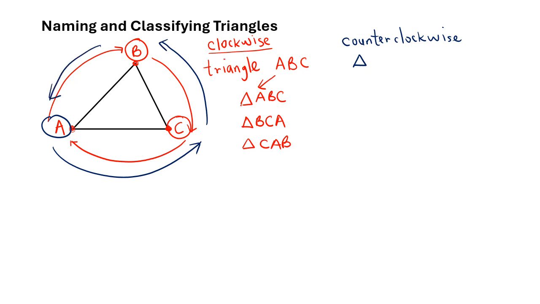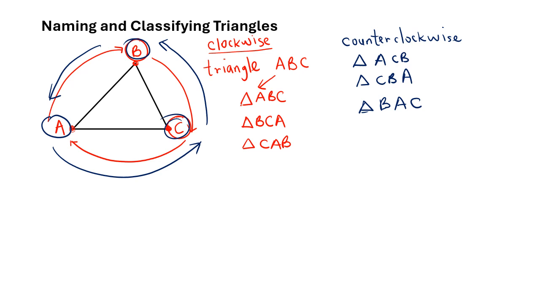So we say triangle A, C, B, or we can name starting from C, and it'll be triangle C, B, A, or we can name starting from B, and it'll be triangle B, A, C. So these are the different ways that you can name this triangle.